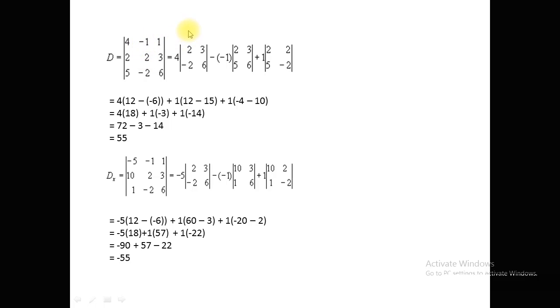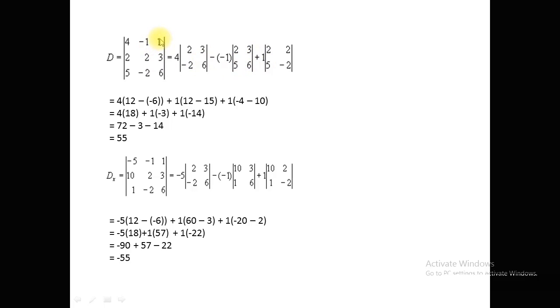So using the formula for the cofactors, minus 1 power i plus j, where i represents the first row and j represents the second column, minus 1 power 1 plus 2 is minus 1 power 3, so we obtain the negative sign, and the element is minus 1. So the cofactor of minus 1 is a minus into minus 1, and the minor matrix is 2, 3, 5 and 6. And similarly the cofactor of 1, by deleting the first row and third column, we obtain plus 1.